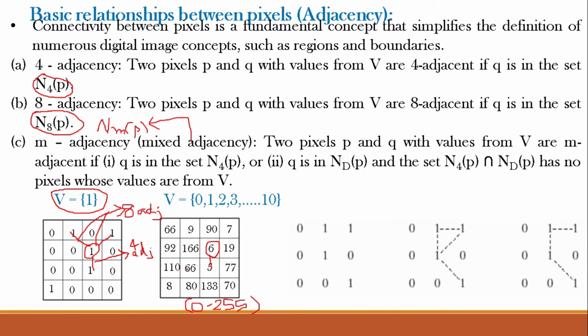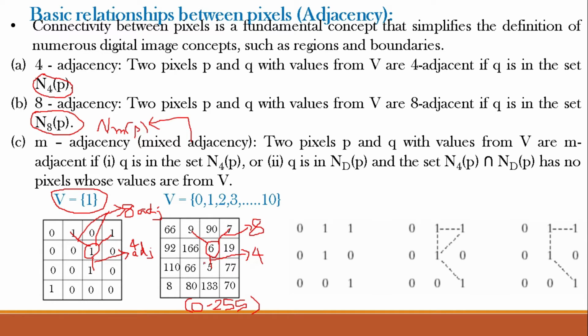It cannot get connected to this pixel, that is 66, 166, 1919 and 7777, because these values are greater than 10. But it can of course be connected to this pixel diagonally as well as this pixel diagonally. So this particular connection is known as 4 adjacency as it is connected in a straight line path, and this particular connection is known as 8 adjacency as it is connected in a diagonal path.